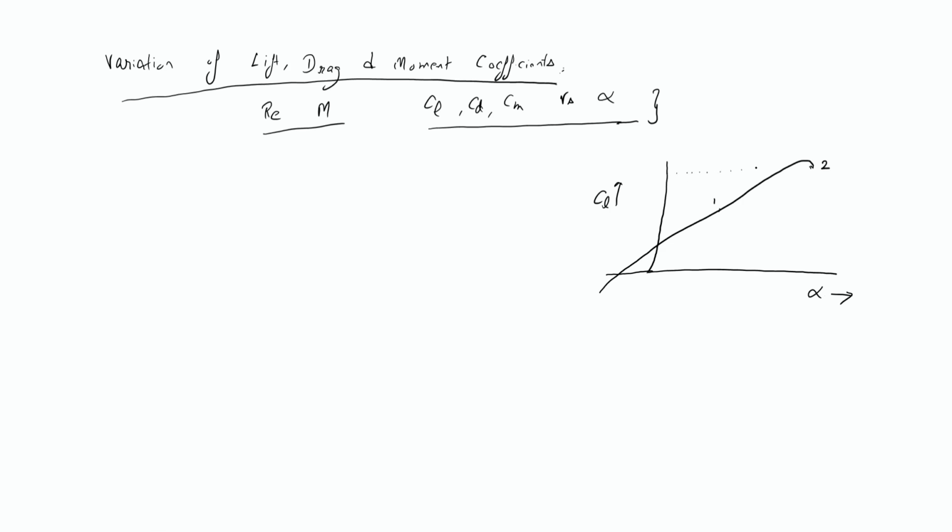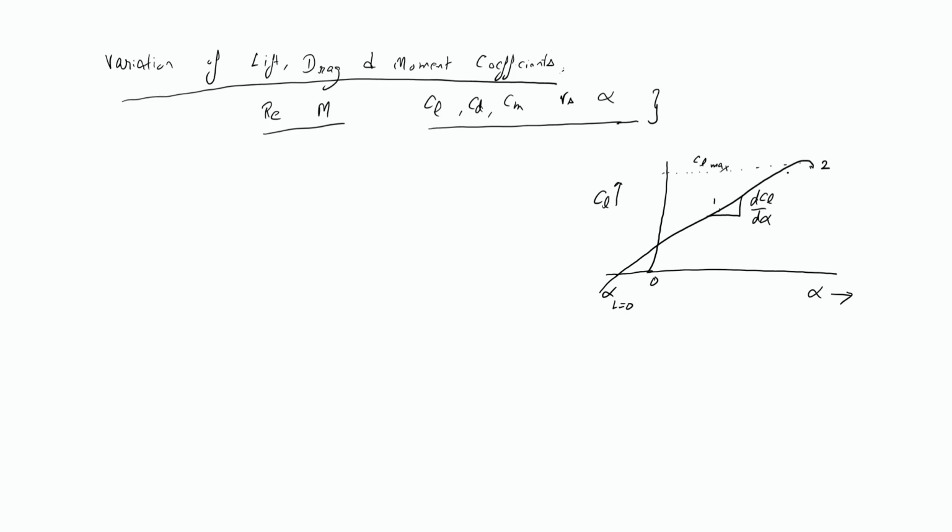If you see here, this is the point where we are getting maximum cl, cl max. This is the slope, that is dcl by d alpha. And this is the angle of attack at which lift is 0. So we write here alpha L equals 0.